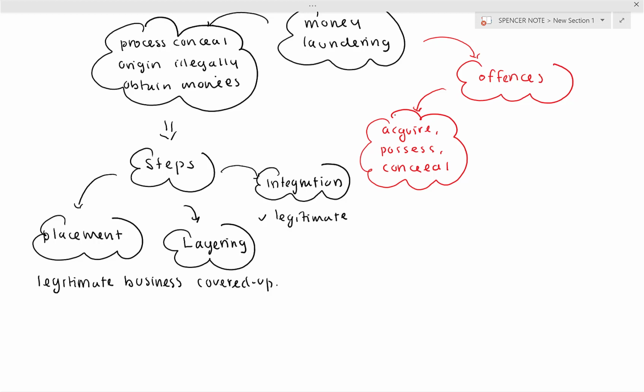So it is illegal for a person to acquire, possess, or even conceal a criminal property.